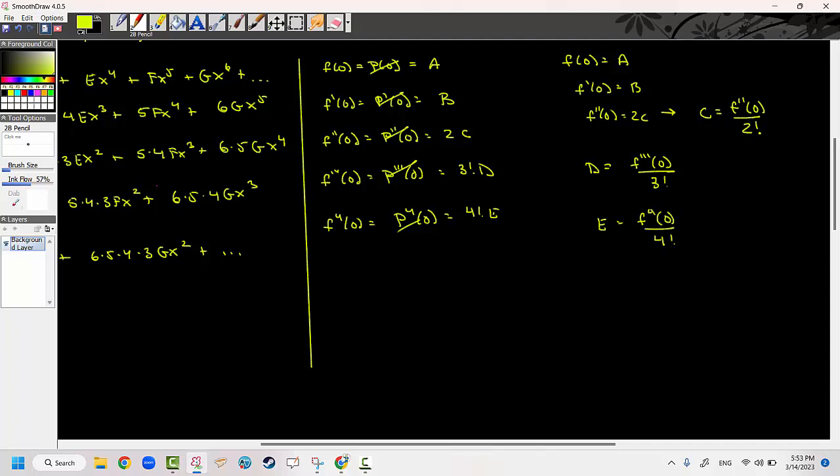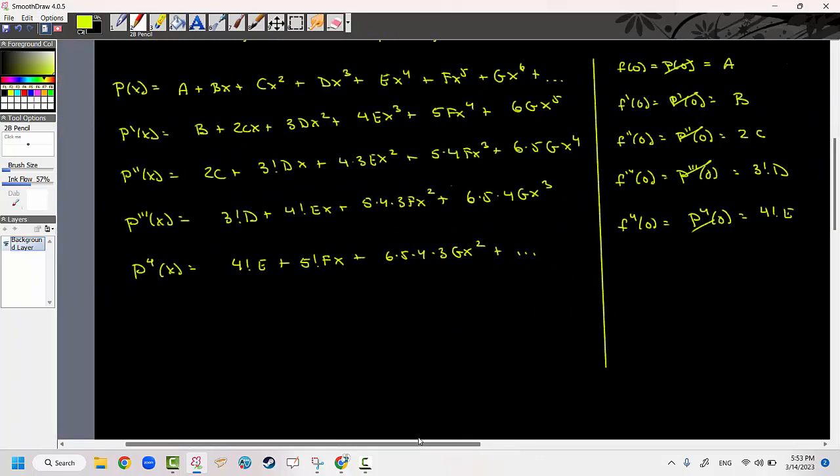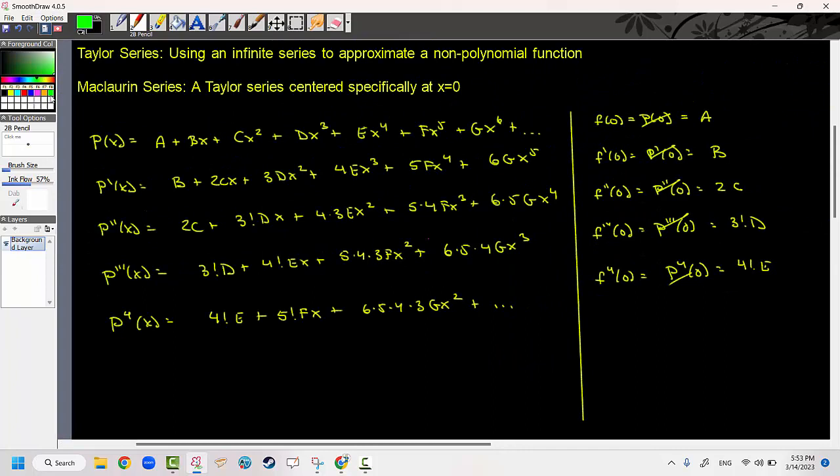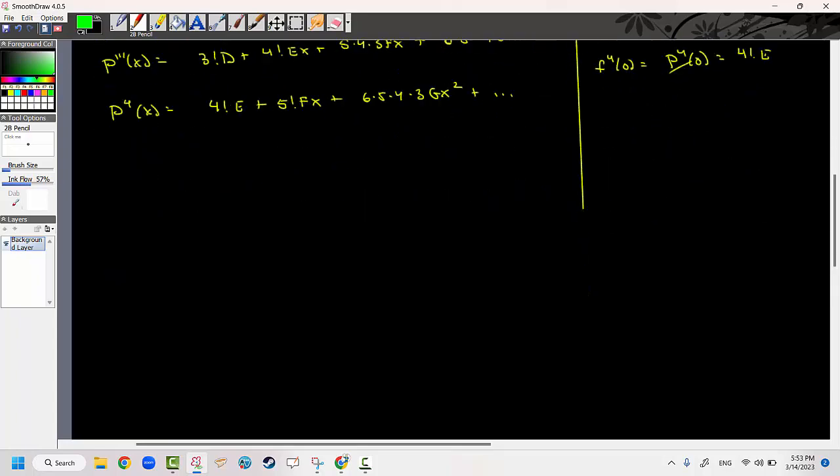Okay, so what does this allow me to do? Well, it allows me now to go back to my original polynomial and take this A and this B and this C and this D and this E and this F and this G and literally replace them with things that are faster.